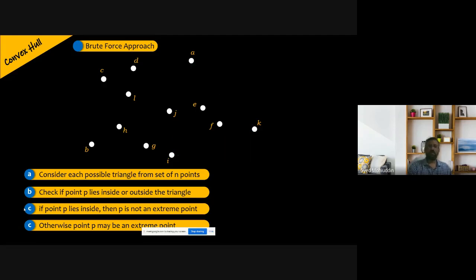But the problem here is that with this approach to finding the convex hull, we have to form triangles with n set of points. The possible triangles for n number of points, because there are 3 pairs, is n cube. Among these n cube possible triangles, we have to compare for each point whether it lies inside or outside the triangle.